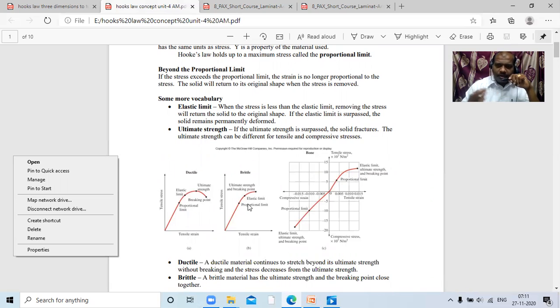These points vary between ductile material, which has one type of property, and brittle material, which has another type of property.